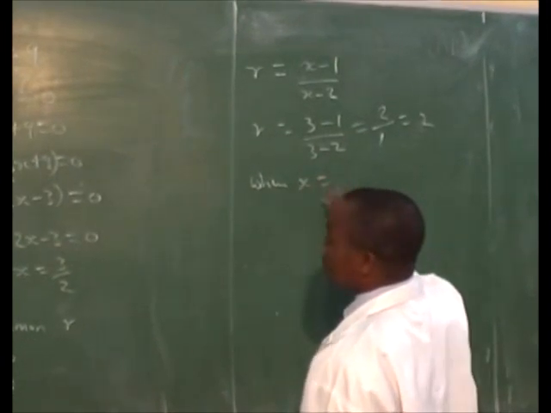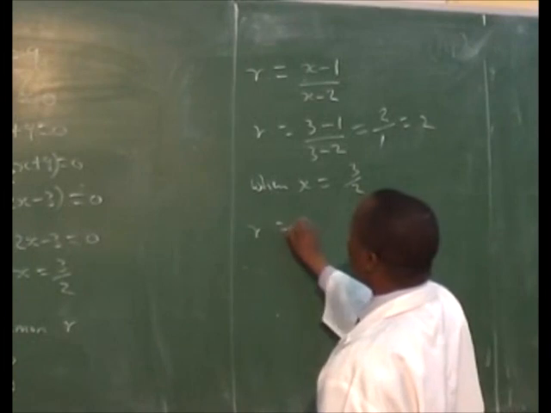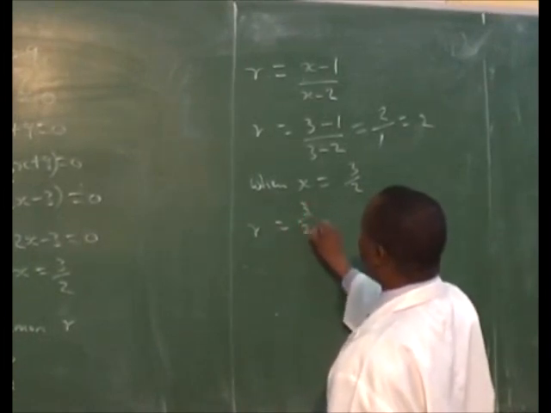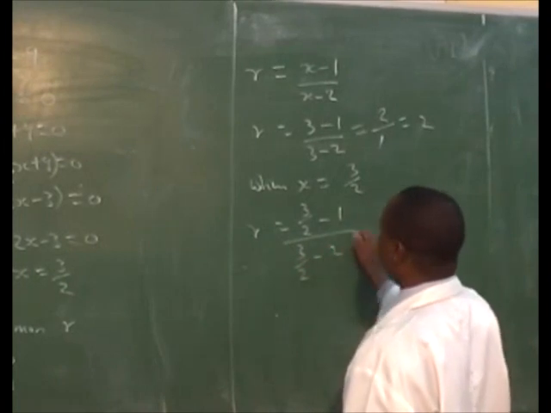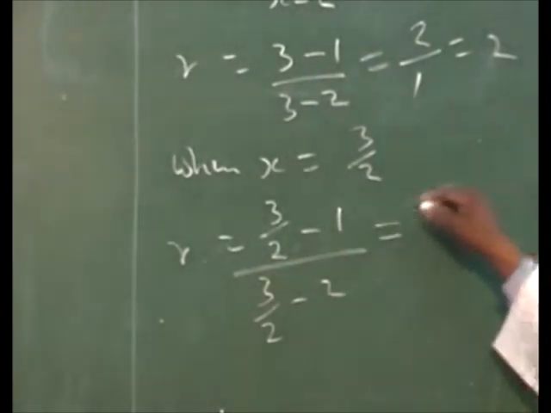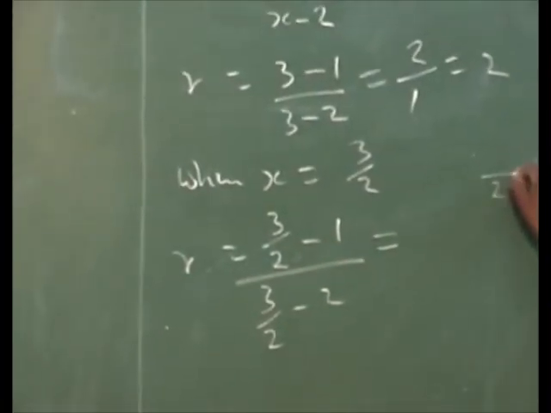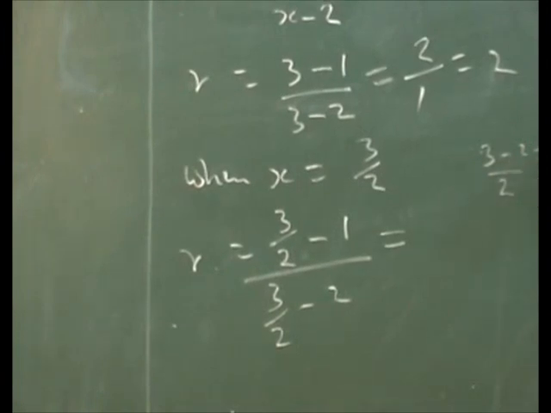When x is equal to 3 all over 2, we'll have that R will equal to 3 all over 2 minus 1 all over 3 all over 2 minus 2. Of course, if you take the LCM, you will have 3 minus 2 is 1 all over 2.